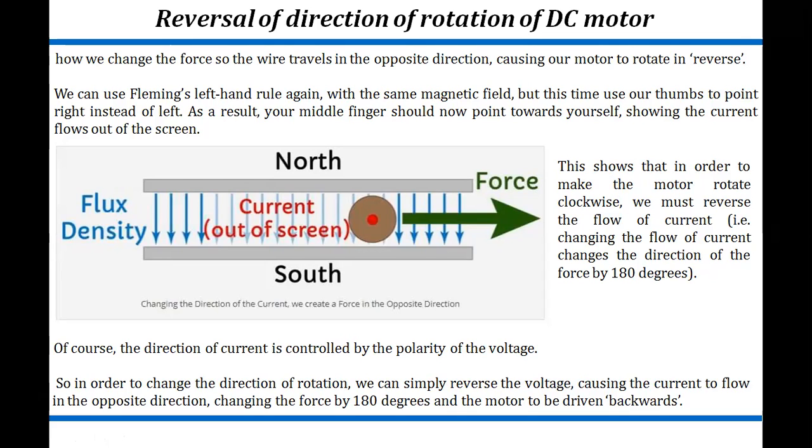If we are making it clockwise and we make the current 180 degrees out of phase, the motor will rotate 180 degrees out of phase. It means what? It will rotate anti-clockwise. Only by making the current directions opposite in phase, we can reverse the direction of force.